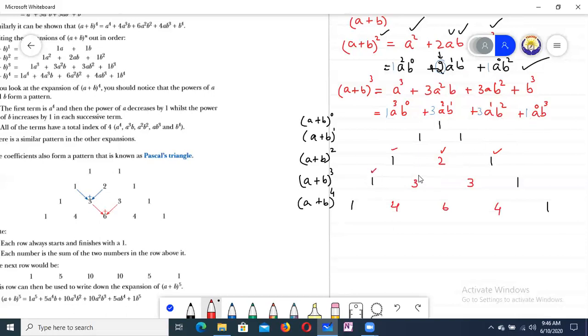Here 1, 3, 3, and 1. In this way, you can get the coefficients of any binomial expansion. This Pascal triangle you can use to get the coefficients of any expansion.